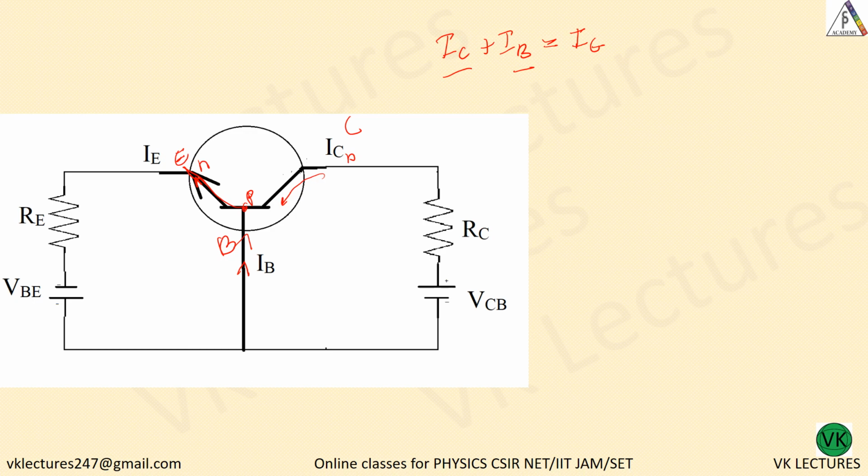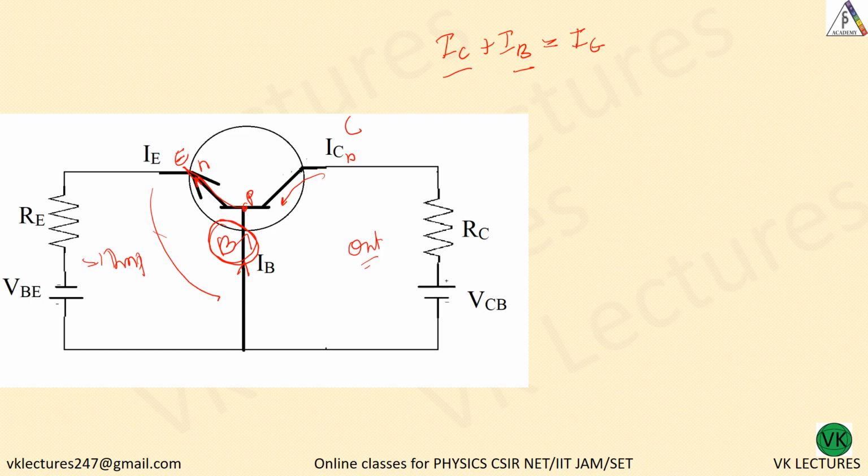Okay, so here what are we doing? We take this base as common. Common means common to this input and this output, common to both input and output. We take it as common. So that means we will be using voltage across emitter and base.